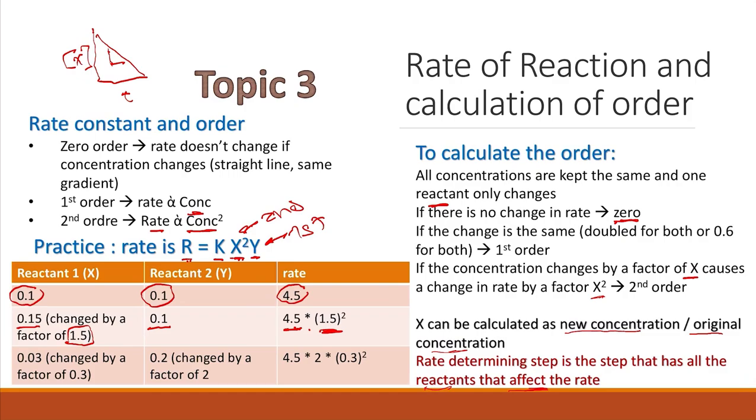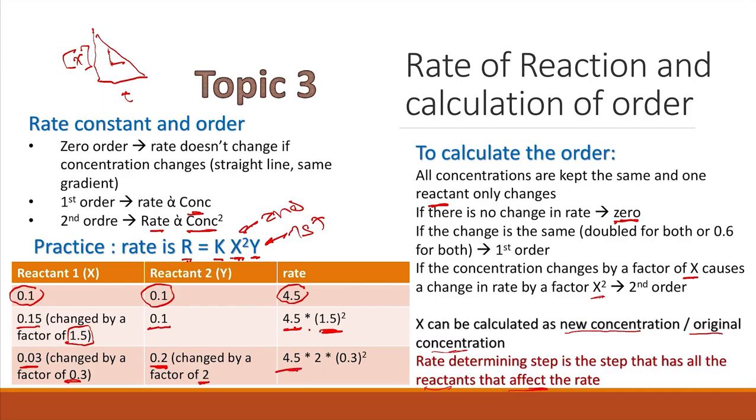Now if both of them change, so if reactant 1 changed from 0.1 into 0.03, that means the concentration of reactant X changed by a factor of 0.3, and reactant 2 has increased from 0.1 into 0.2, so it's changed by a factor of 2.